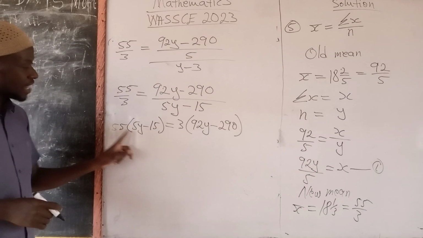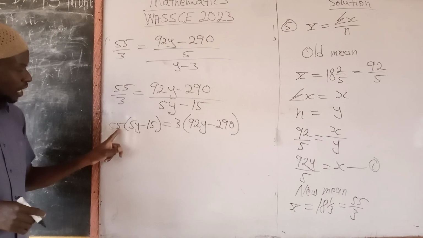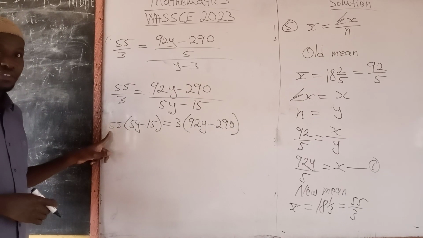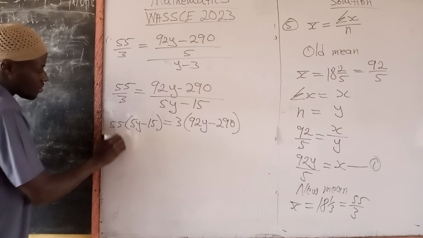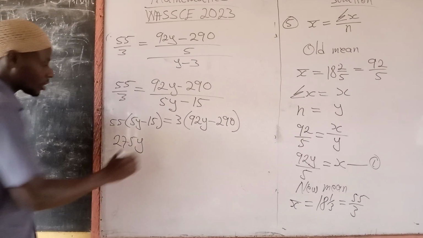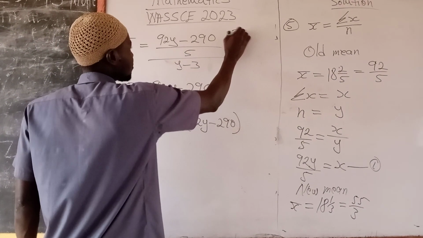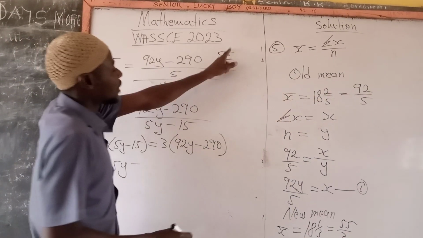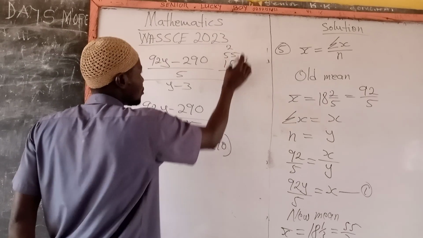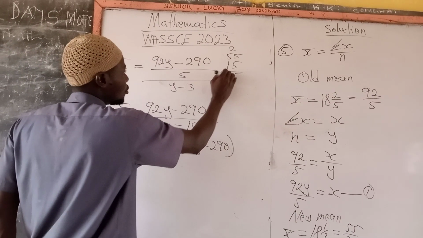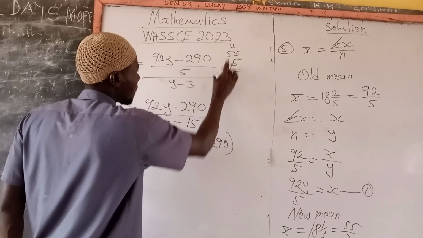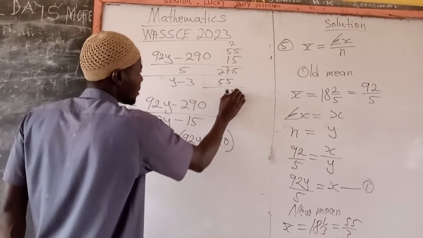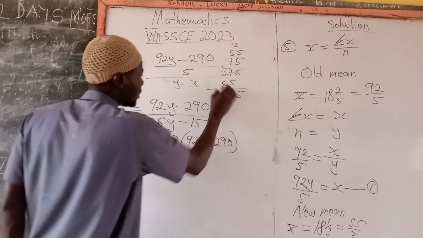Multiplying 55 by 5y gives us 275y minus 55 times 15. Let's do the rough work here: 55 times 15 gives us 825.